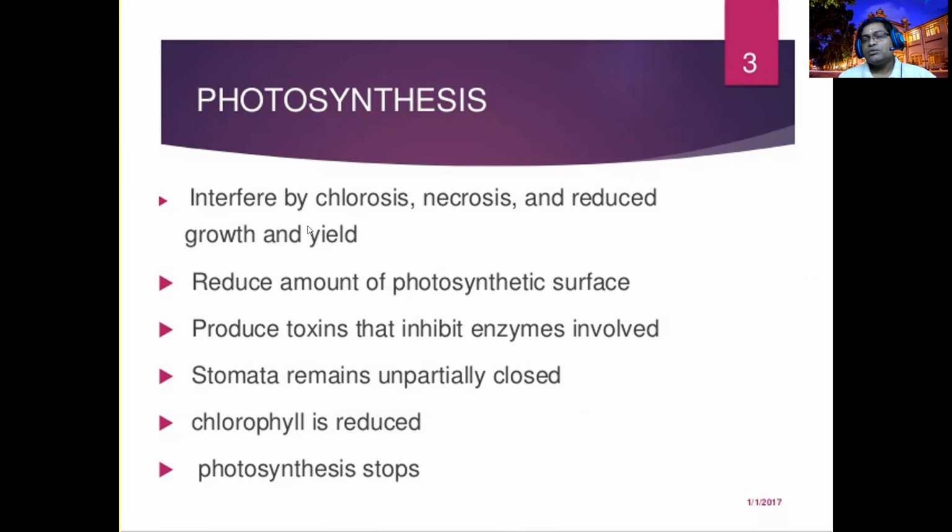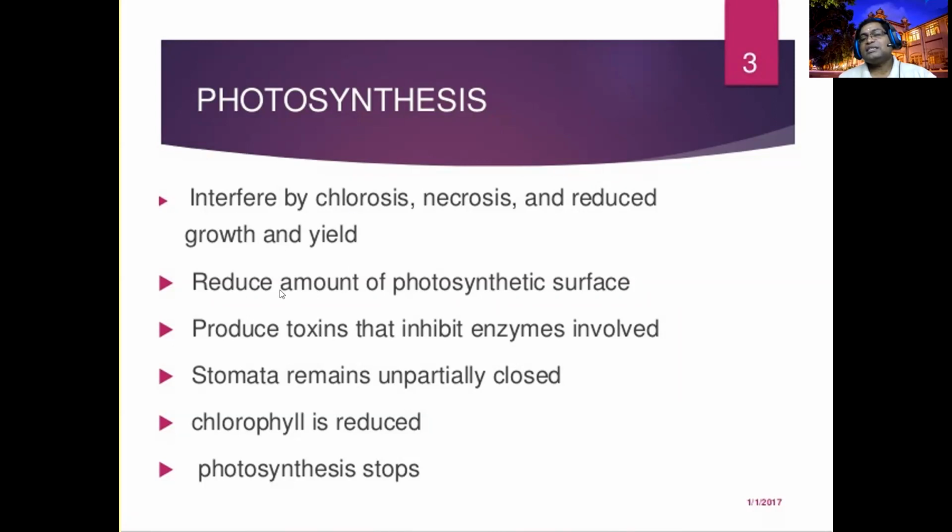If chlorosis and necrosis are created, the green matter is less, so your plant fixes less solar energy and does not produce as much photosynthesis. That's why you will see reduced growth and yield.